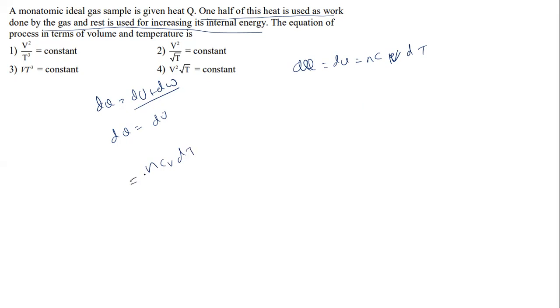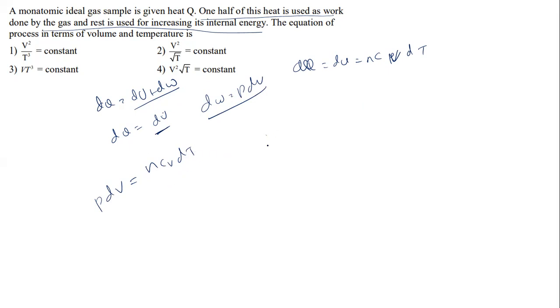Clear? Understand? So this we can write as P dV. Work done is what? dW is equal to P dV. Half of the portion is work done, and the remaining goes to increase the internal energy.